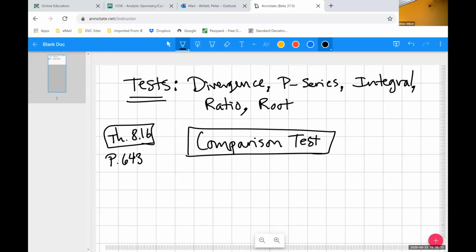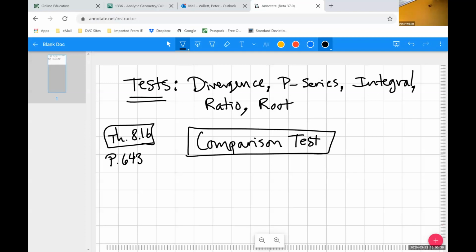Okay, so the big thing that I want to think about with the comparison test, the reason I listed out these tests we had so far, is that the way the comparison test works is you basically have a new series that you're looking at, but you compare it to another series which you could do using one of the previous tests. And so then by comparison, you try to draw a conclusion.